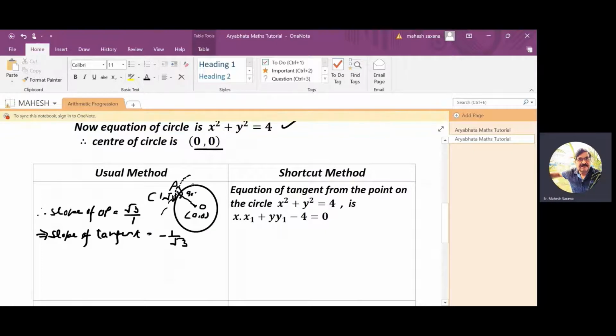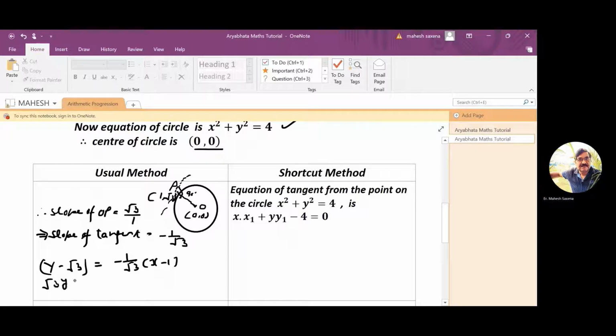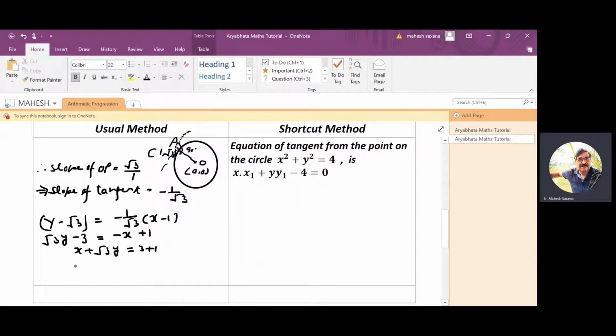Therefore, equation of tangent will be y minus root 3 is equal to minus 1 upon root 3 times x minus 1. Therefore, root 3y minus 3 is equal to minus x plus 1. Therefore, the equation will be x plus root 3y is equal to 4.